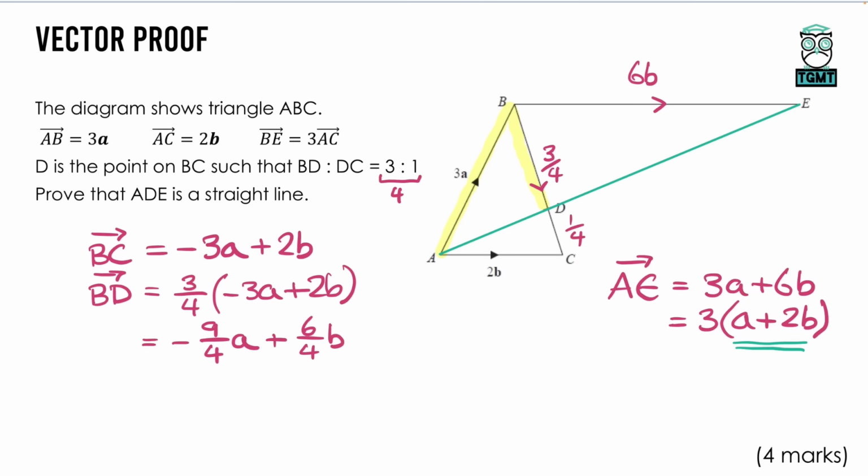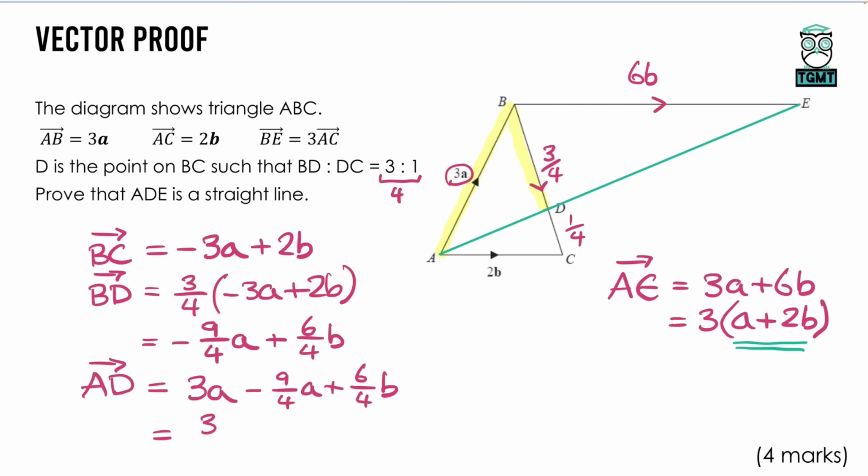Now I can get from B to D, I can get from A to D. So from A to D, all I need to do is add in that additional vector, 3A. So that additional vector here, 3A, allows me to get up to B, and now I already know the vector B to D. So for that one, I want to do 3A, and then I'm going to do minus 9/4A, this is just the vector above, plus 6/4 B. Now we are doing this with a calculator, so I can just do 3, take away 9/4, and that comes out as positive 3/4.